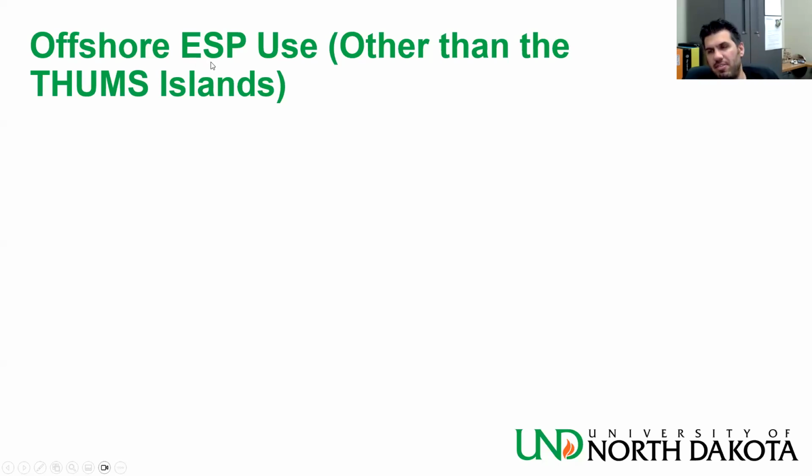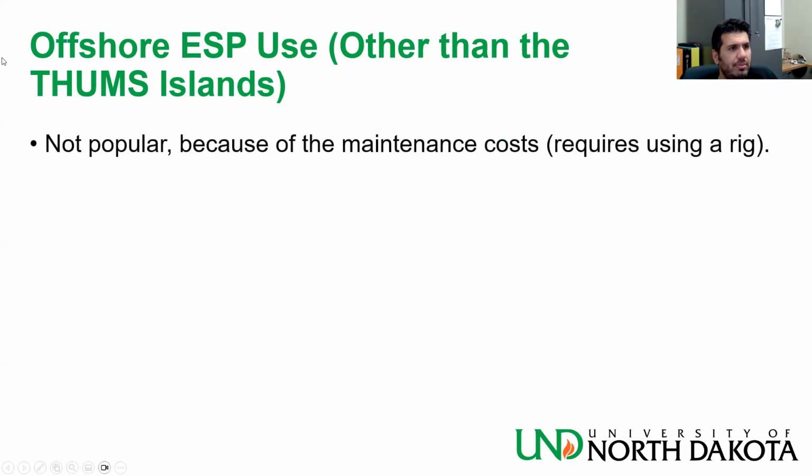Now, other than the Thums Islands, you can still see it offshore, though not a lot of places, because of the maintenance cost. Imagine having to pull the pump, the ESP, in an offshore site.